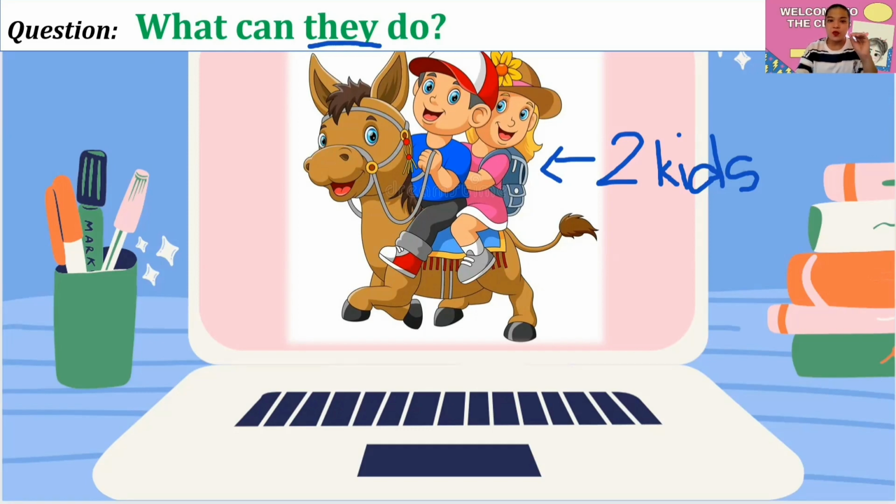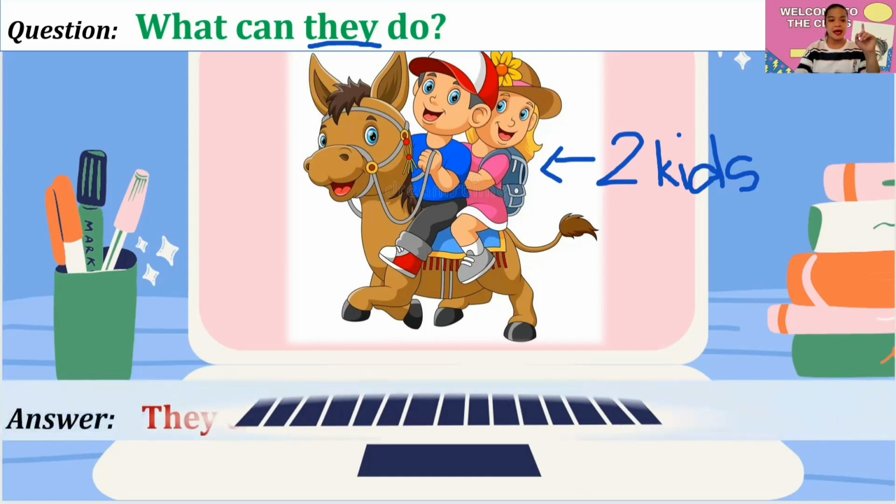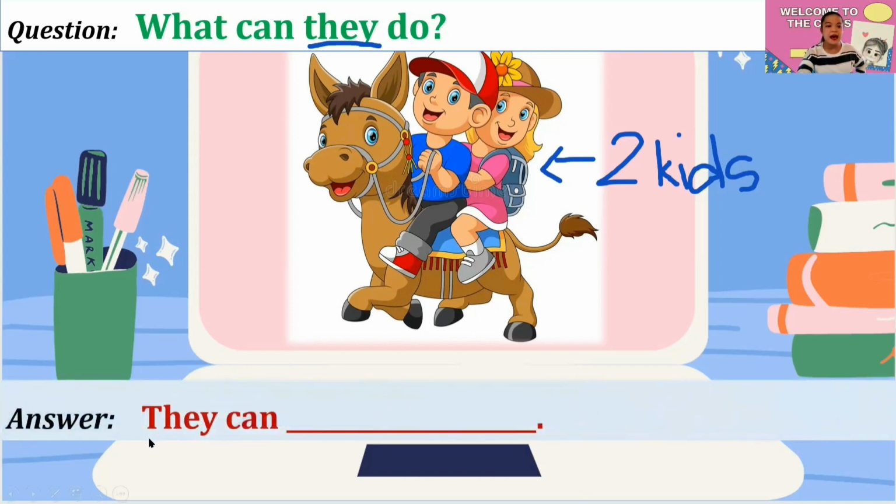If you still remember, when Teacher JV asked you, what can he do? We started the sentence with he can, she can. Same thing here. When we are using they, our sentence in answering will also start with the word they.